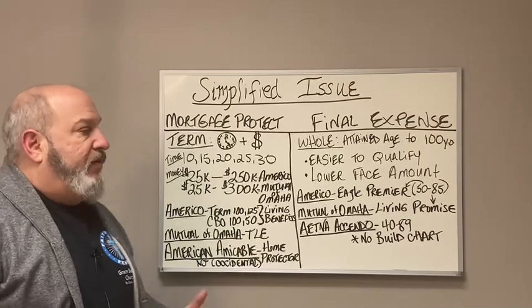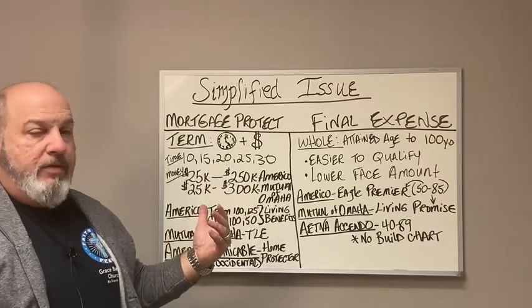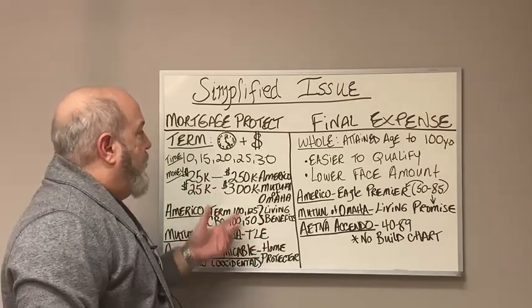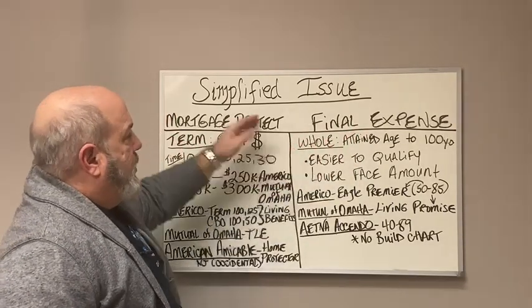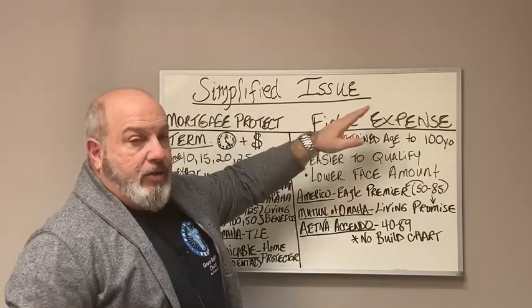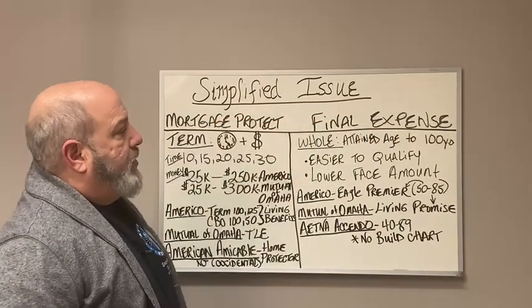So here at FFL, we do two primary kinds of sales. We do mortgage protection or final expense. Everything we do is simplified issue. Well, what is simplified issue?